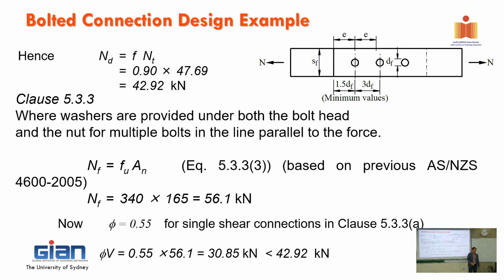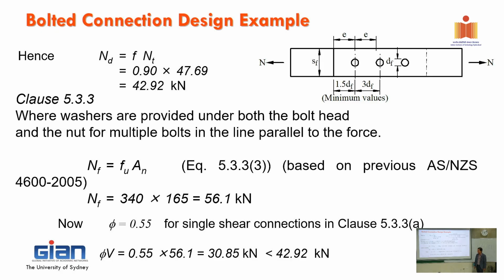You can see now the factor for connections is pretty low, isn't it? Only 55%. Because it depends on a lot of uncertainty: the quality of the bolts, the quality of the holes, and how much experience the technician has to do the work nicely.